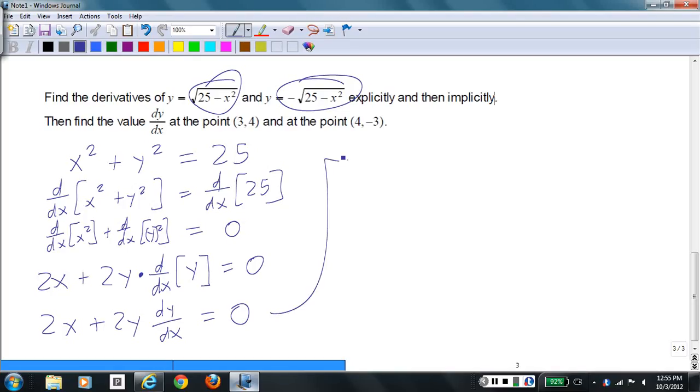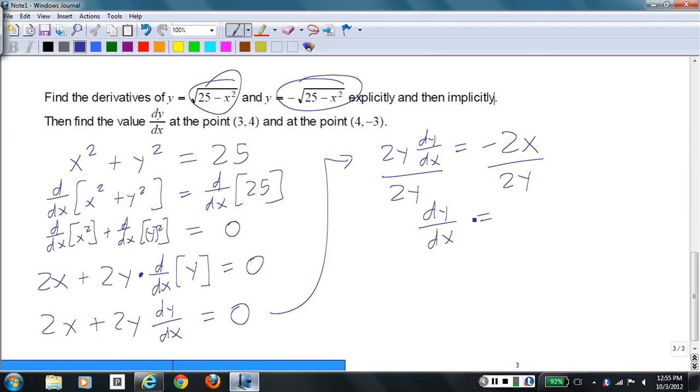I want to say 2y dy/dx equals negative 2x, and then do what? Divide both sides by 2y. That'll give us dy/dx all by itself on the left. So dy/dx equals, the 2's divide out, and we have negative x over y.